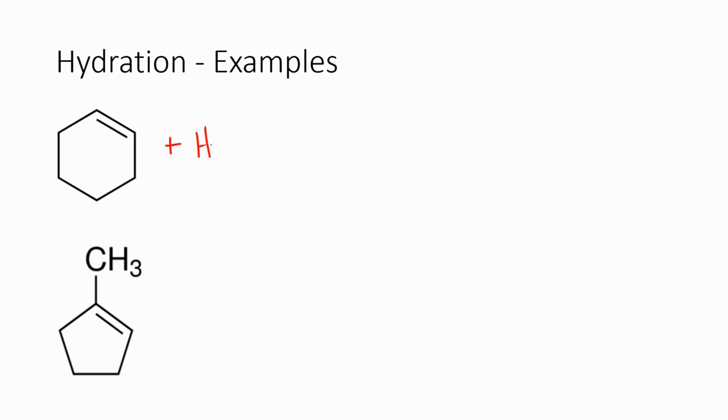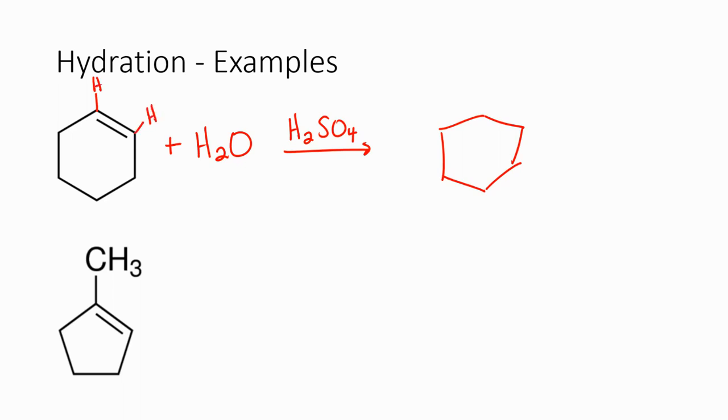Let's try to add water across the double bond with a sulfuric acid catalyst. We're going to break the double bond. Both sides already have one hydrogen on them, so it doesn't really matter where we add our hydrogen. We'll just end up with one OH on the molecule.